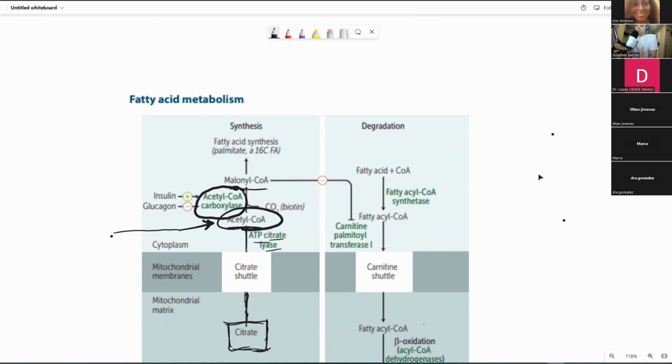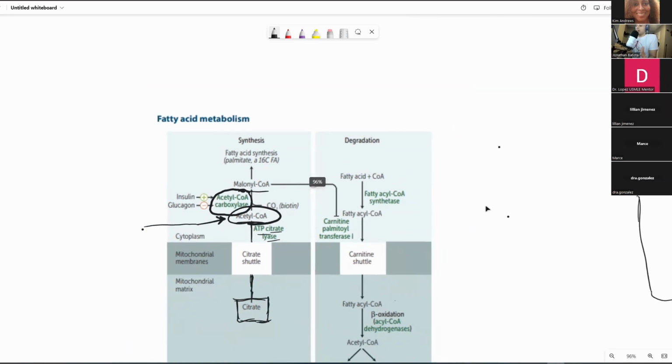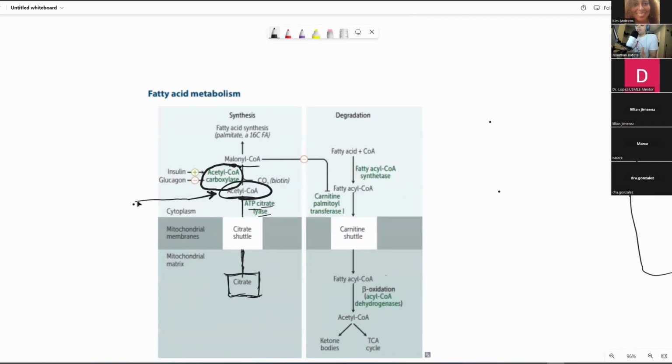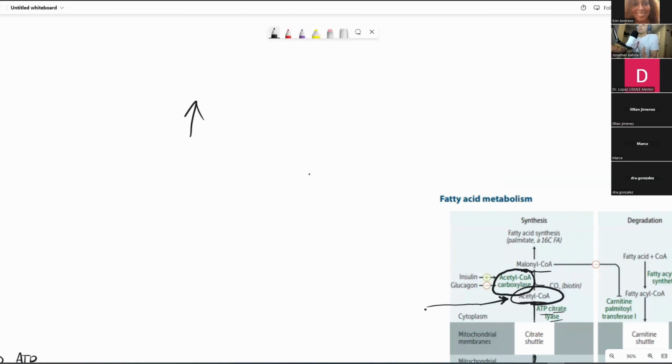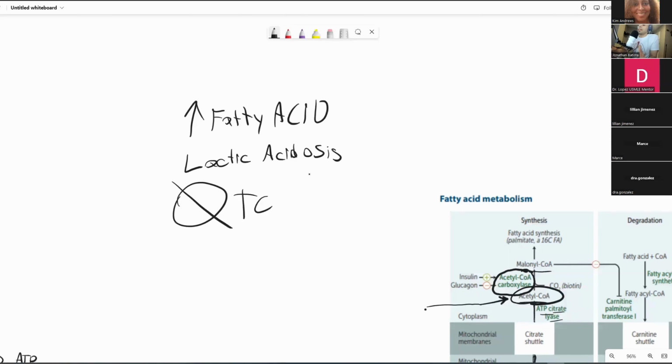If the patient is intoxicated with alcohol, they are creating an incentive for the fatty acid synthesis pathway to occur. So now guess what you have? You have a buildup of fatty acid. We have these evils are now happening all at the same time. We have lactic acidosis. We have basically the inhibition of TCA cycle. All this building up just because of too much alcohol in the system.